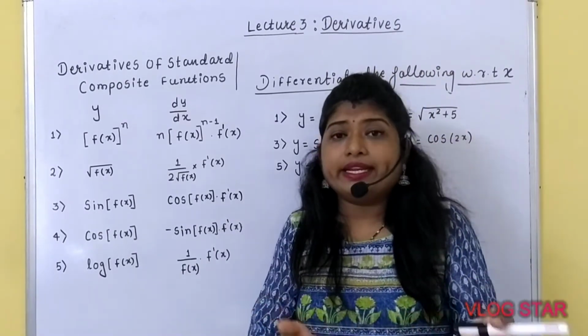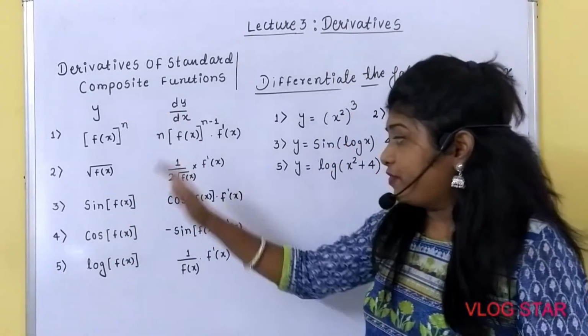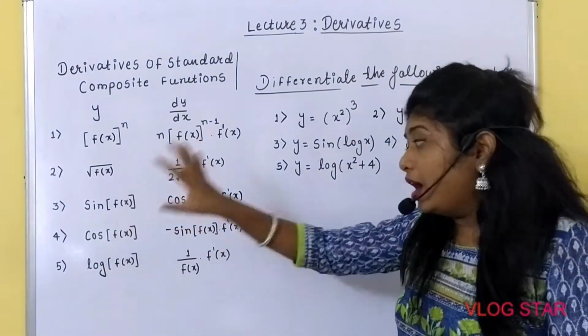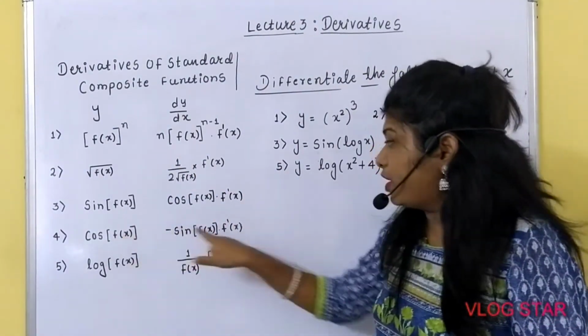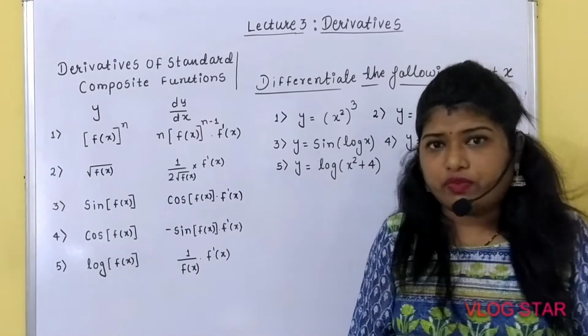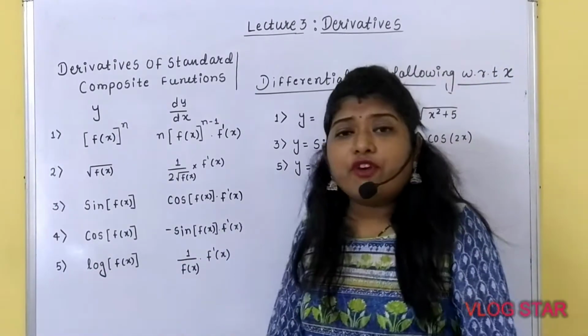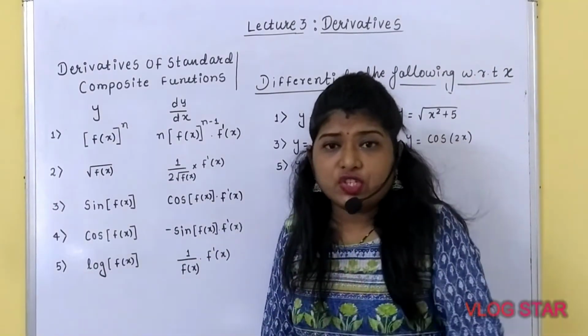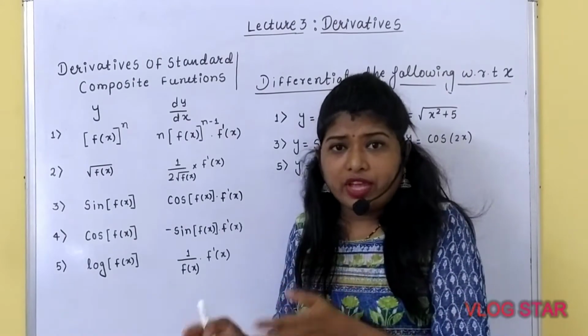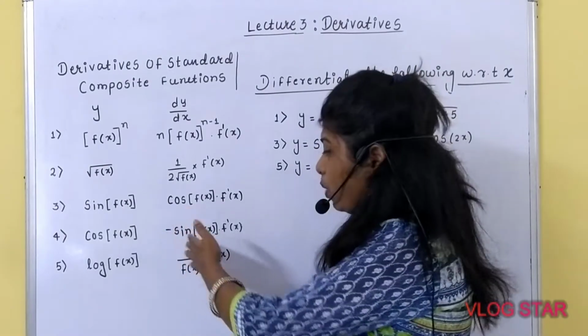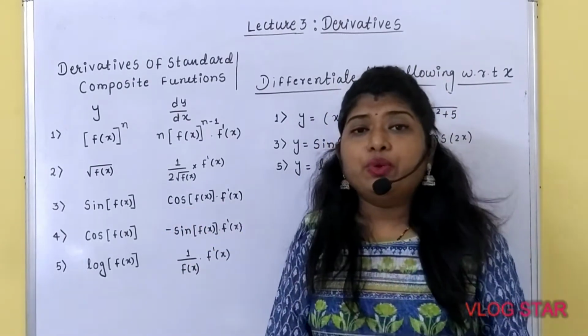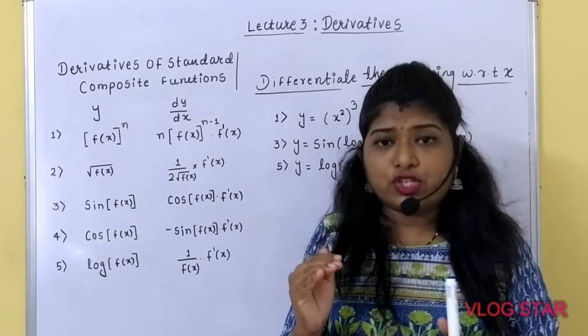As you know, it is minus sine. So for the composite function, again you need to take the derivative of f of x, that is f dash of x. The fifth important formula related to the composite function is the derivative of log of f of x, which is equal to 1 upon f of x into f dash of x.